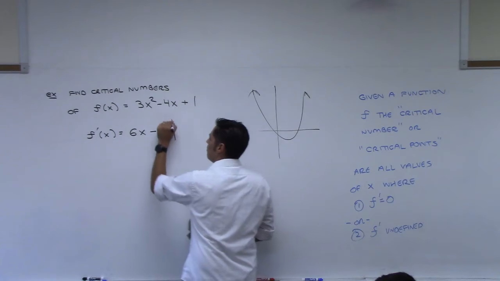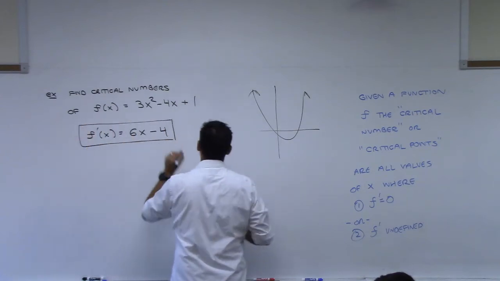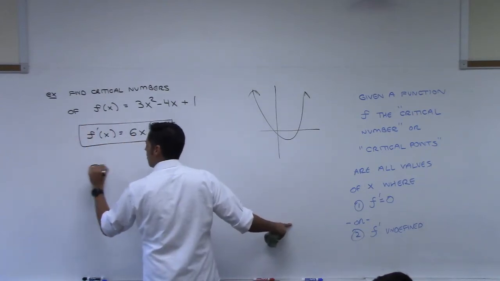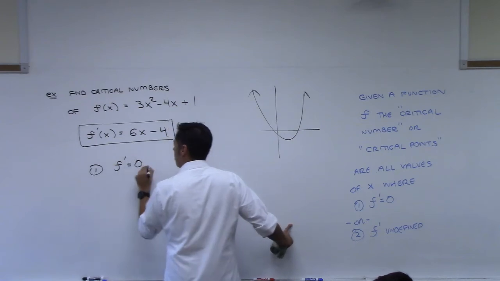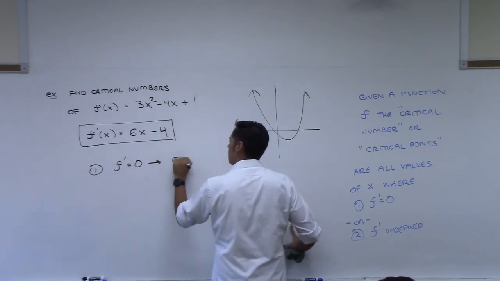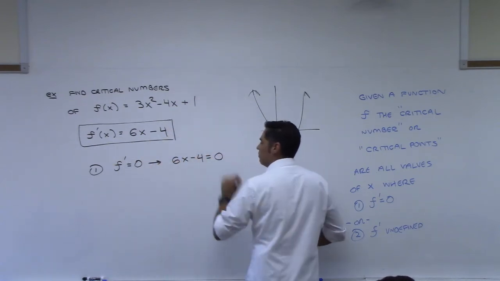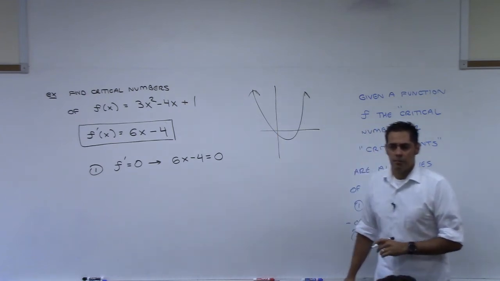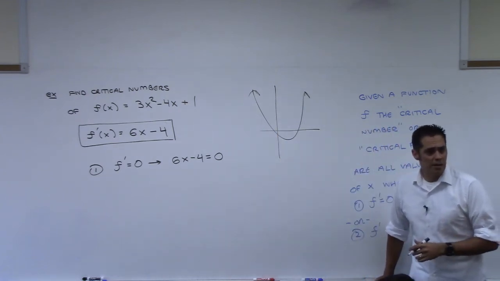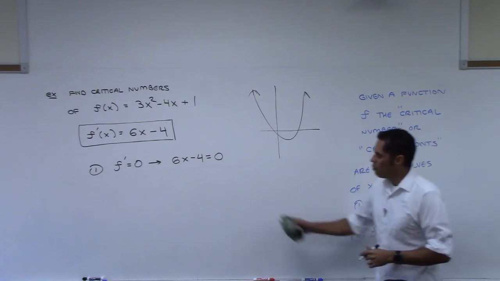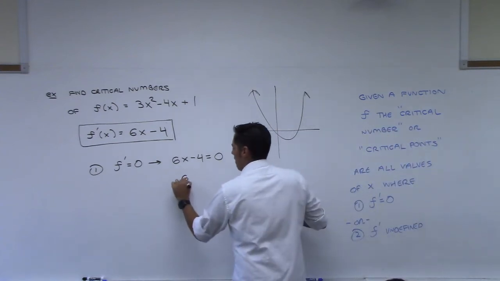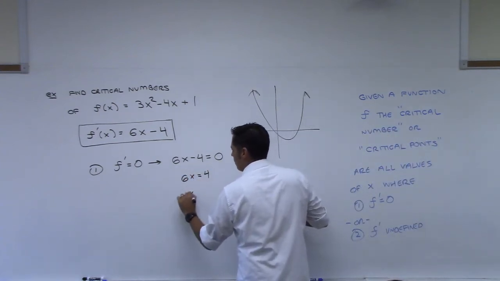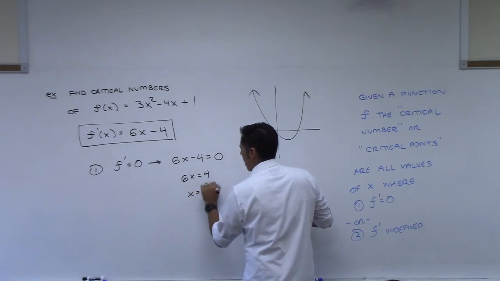So I'm going to box it. This is important to us. Now, let's check the first thing. Where is the derivative 0? So I'm going to take that derivative and set it equal to 0, and solve that little equation right there. So I'll move my 4 over, right? And divide by 6. And reduce the fraction, I get 2/3.